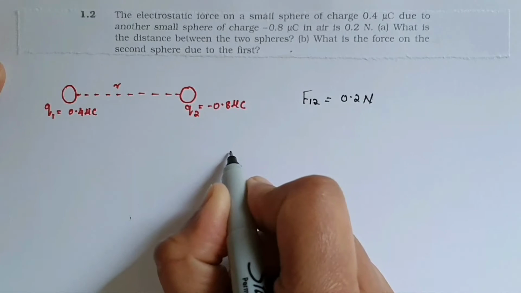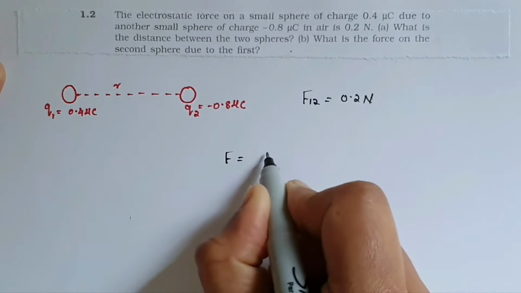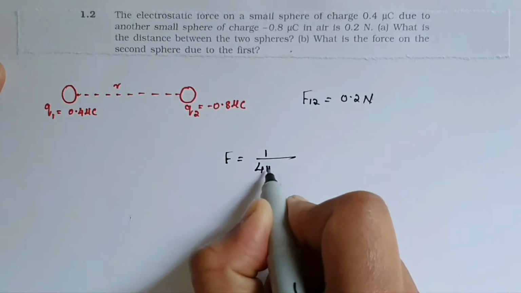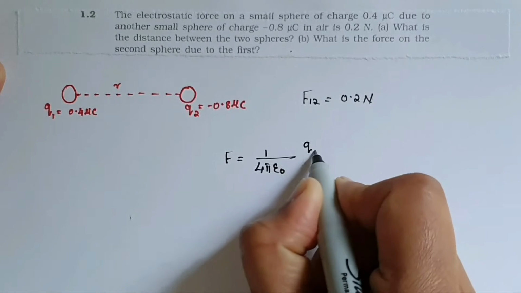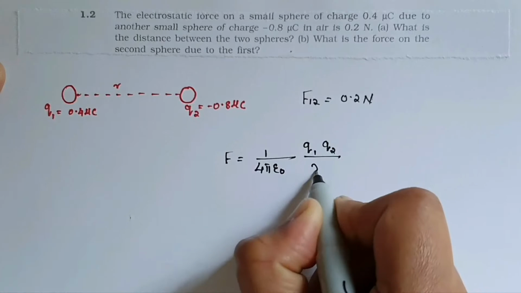According to Coulomb's law, F is equal to 1 by 4 pi epsilon 0 Q1 Q2 by r square.